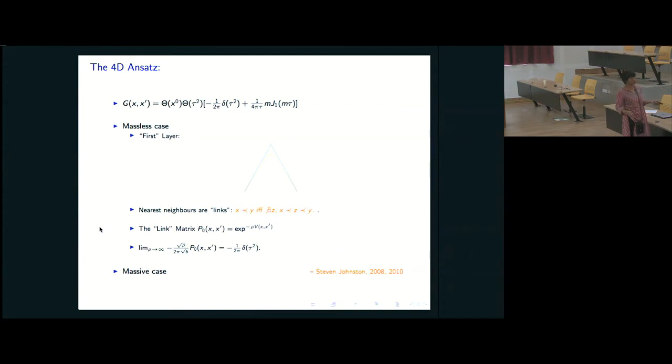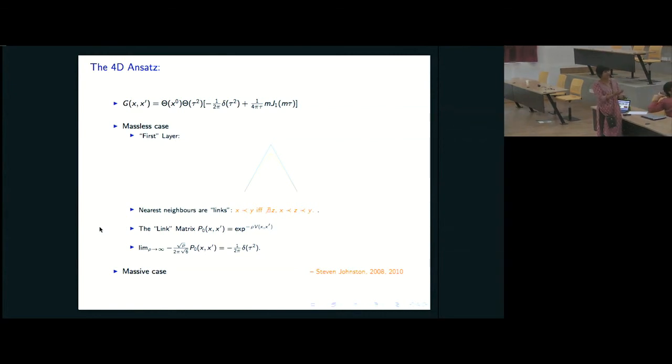You're talking about a 1 plus 1D cylinder spacetime. It's in the same way that you would construct a path integral: you sum over all possible paths, weighted by something. How do we guess what choice of weight that is?